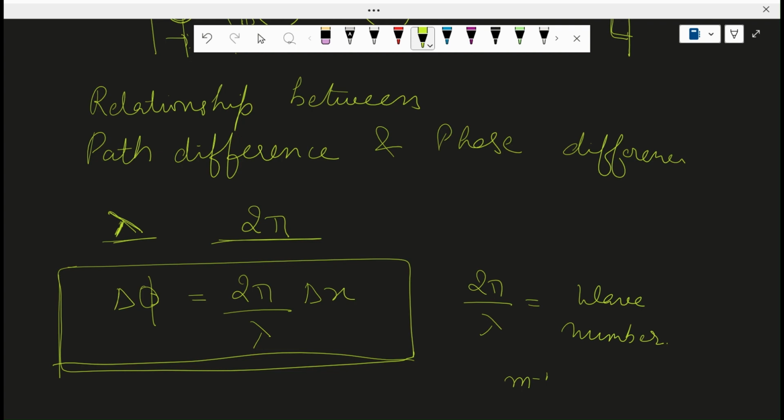So we have seen the path difference and phase difference, how we can obtain both, right? And we saw the relationship between the path difference and phase difference. So let's wind up for today, and tomorrow we will be taking some numericals on whatever we did, right?